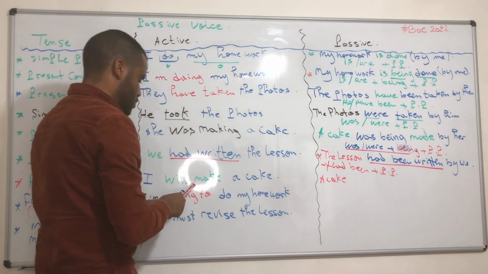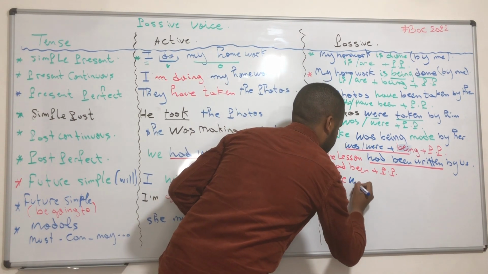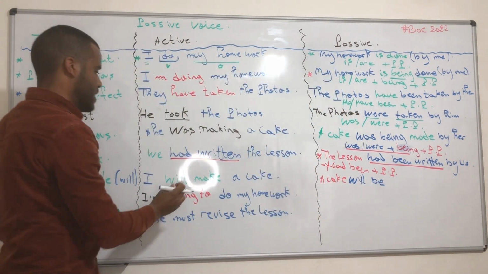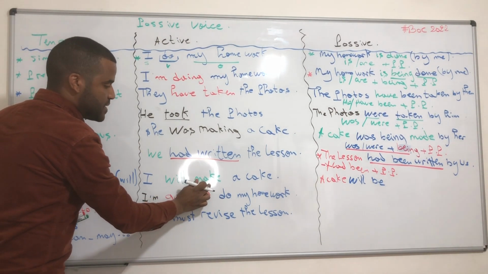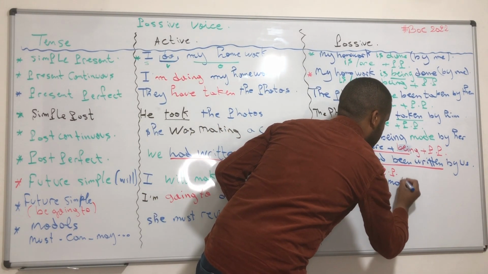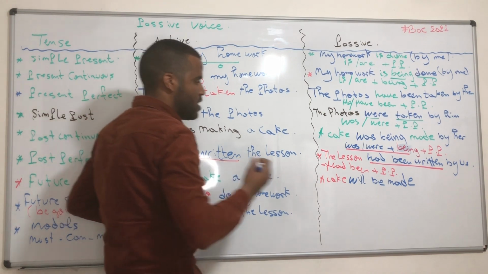Okay, so a cake will be, and we are going to conjugate make in the past participle. It's irregular. We are going to say a cake will be made. A cake will be made by me.